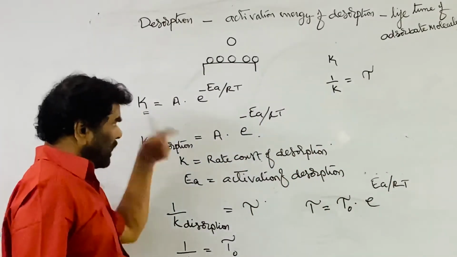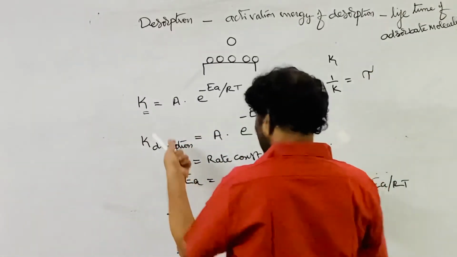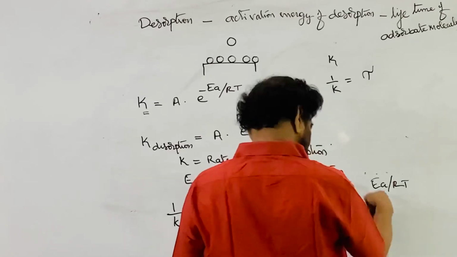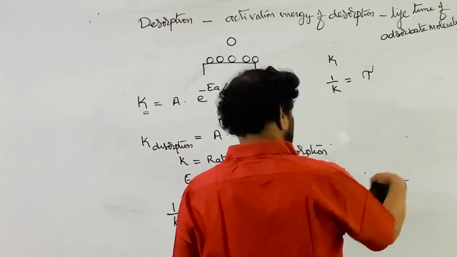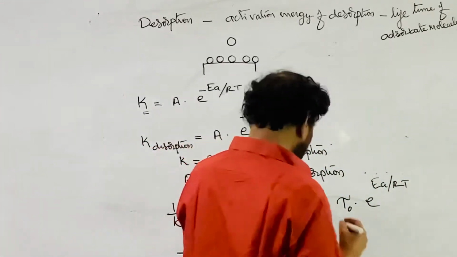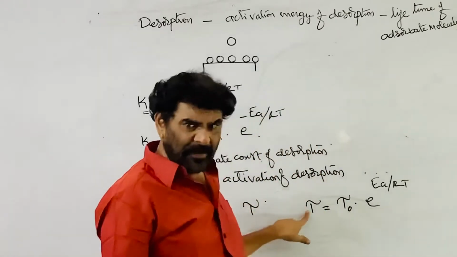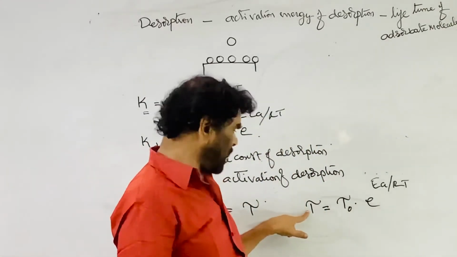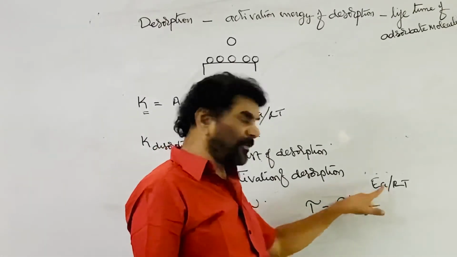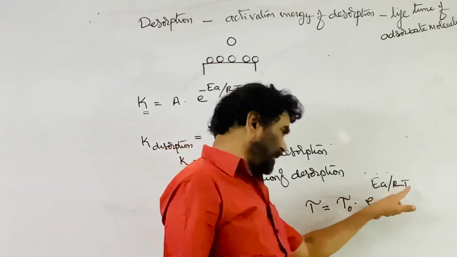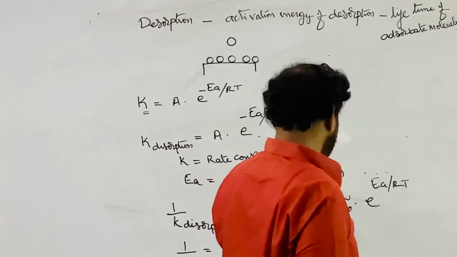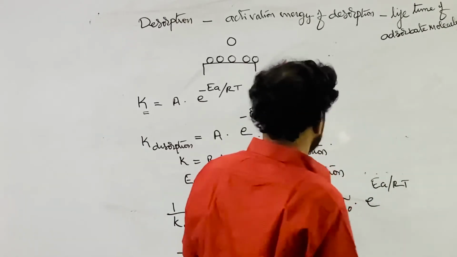Converting to this relation, the reciprocal of this is equal to this, 1 by A, so the negative sign is gone. Now this is the average life of the adsorbed molecule. Tau naught is the average life of the molecule when the activation energy is 0. T is the temperature at which the desorption is taking place.